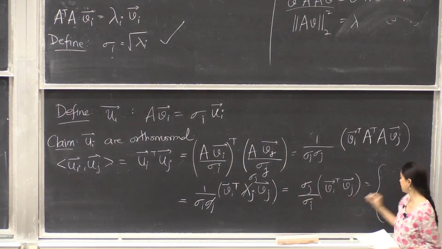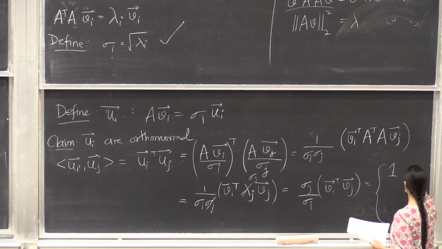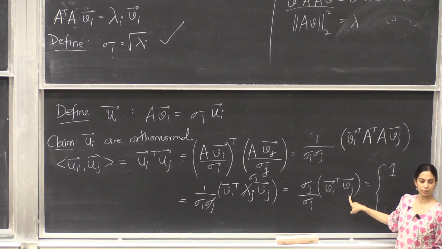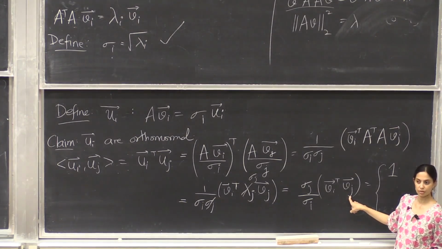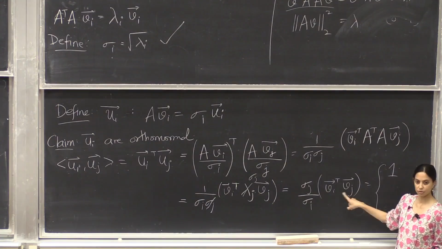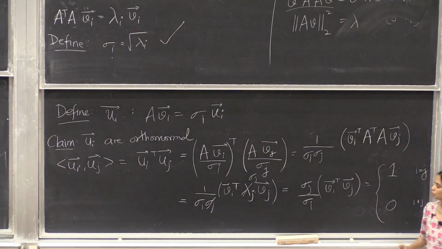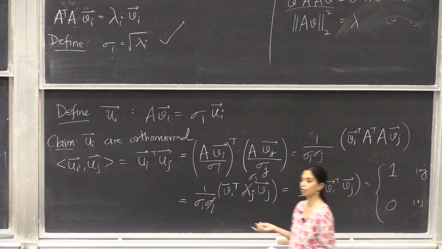Sigma i is equal to sigma j. So this is equal to 1 if i equals j. And when i is not equal to j, what is the property of our symmetric matrix? These are orthonormal, right? So this is 0. So we have now deduced that our u's are therefore orthonormal.